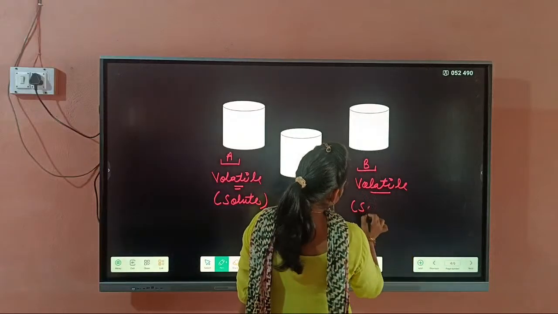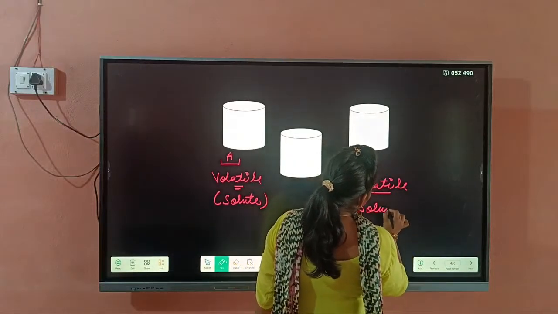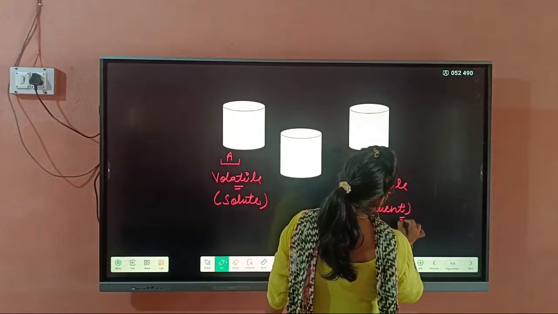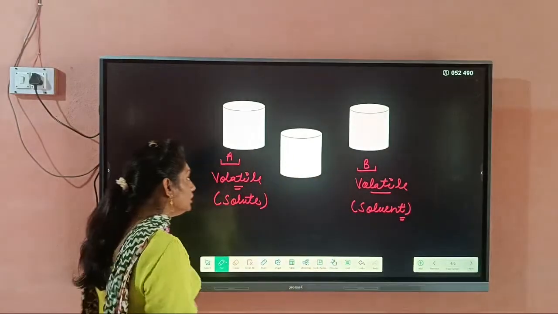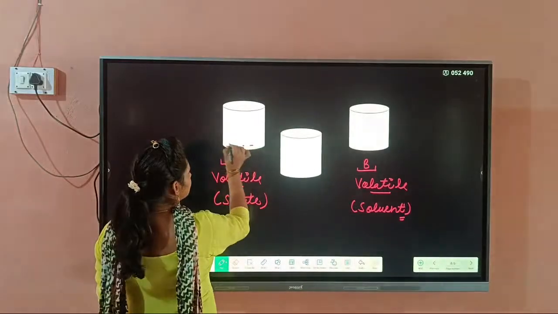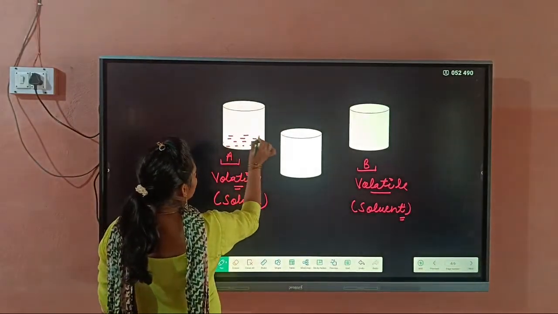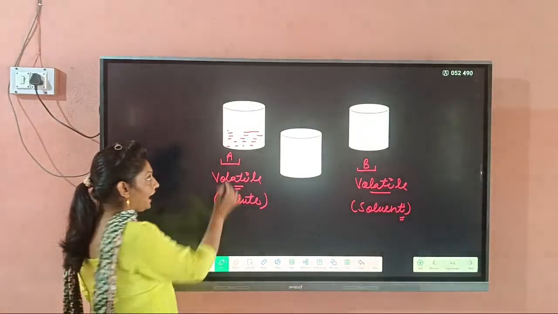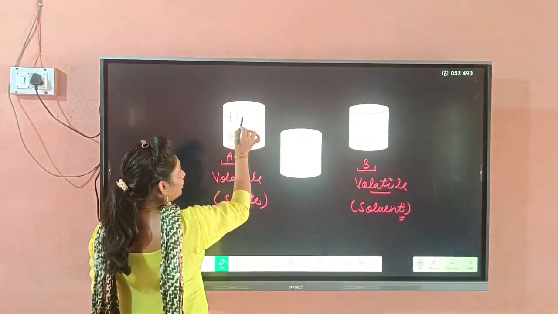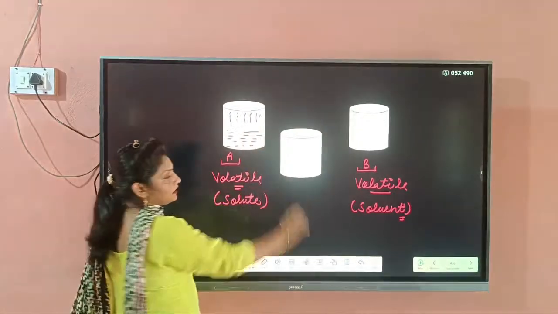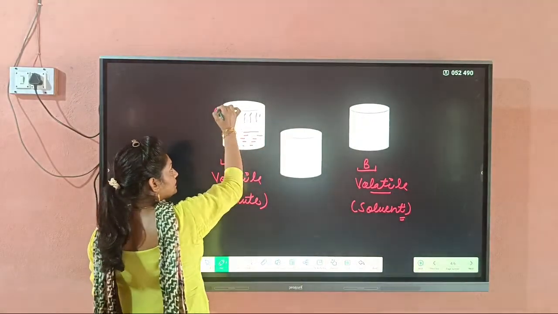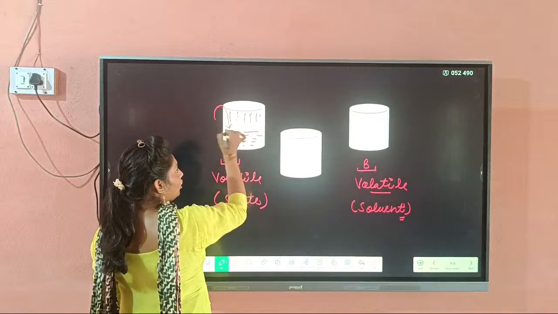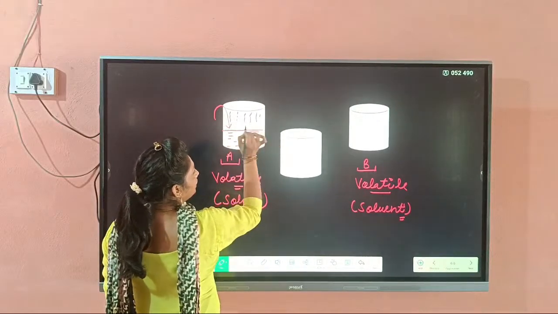It is solvent, means in which solute is dissolved. So students, this is solute A. It is volatile, so it exerts some vapors, and these vapors exert pressure on the surface of the liquid.